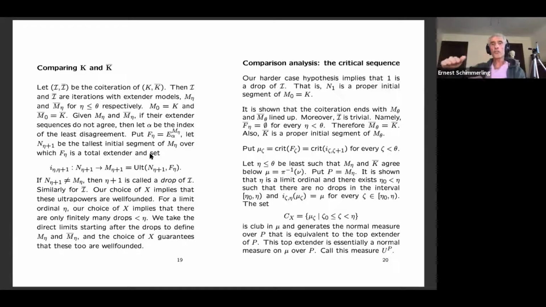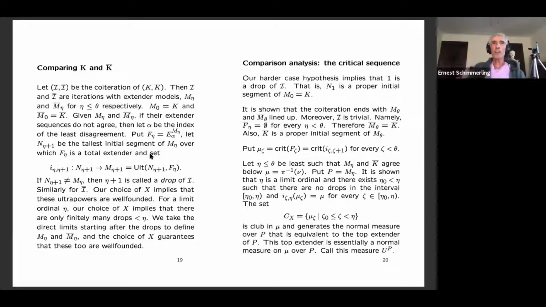So this process of iterating has this additional step where the extender I'm choosing might not be total, so I go as high up in the model as possible where it is total, and then I take the ultra power of that. And okay, so iterability means that you don't drop more than finitely many times.